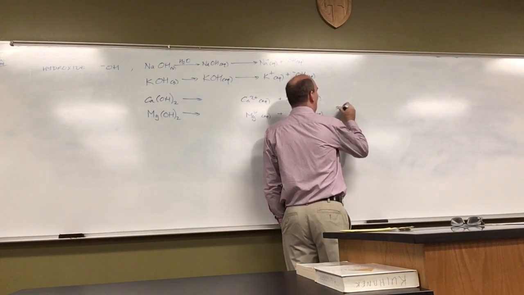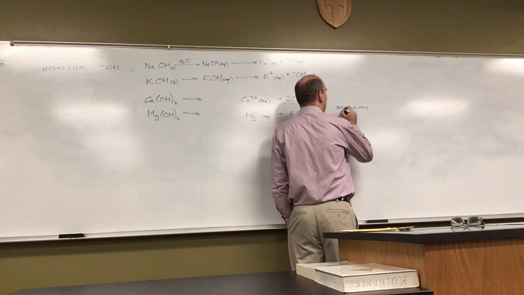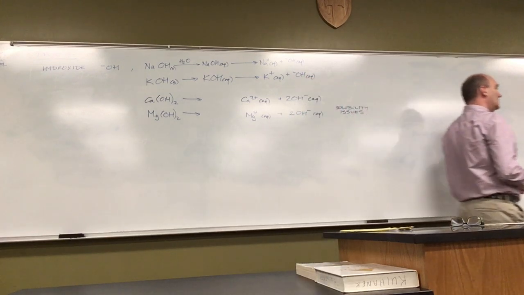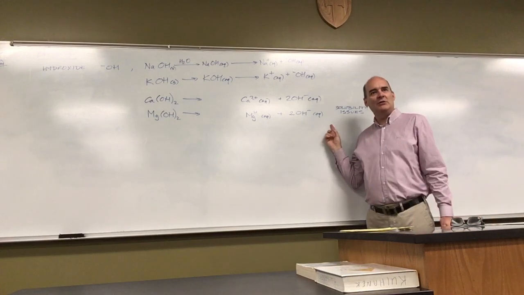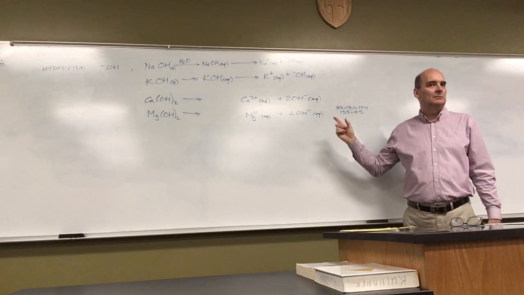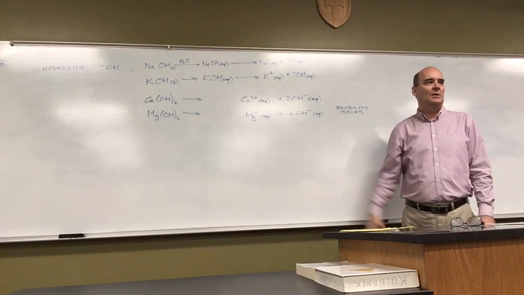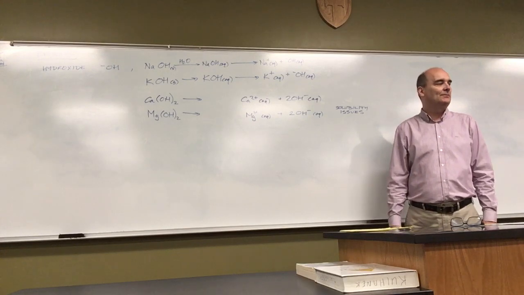So these ones, and I'll lump them both in, but it's definitely the magnesium, are going to be more expensive, harder to use, and of less general utility. So we don't use them. That leaves me with sodium hydroxide, which is interchangeable with potassium hydroxide if I need to.